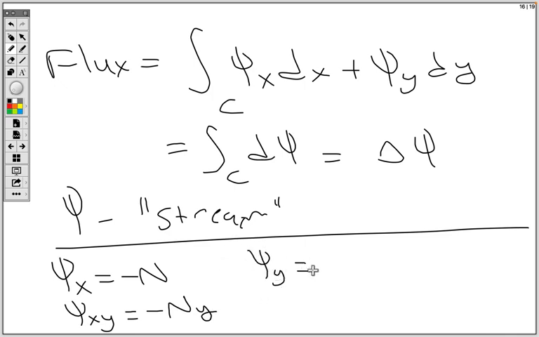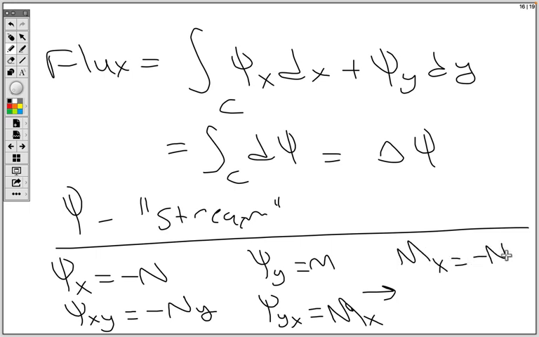And if psi y is m, what would psi yx be? mx. So for this to be true, I would need mx to be minus ny, or mx plus ny to be 0. And once again, this means that the divergence is 0.